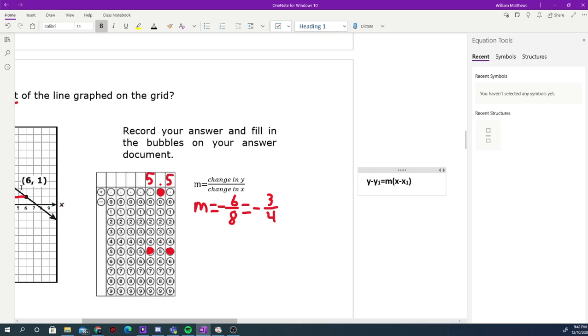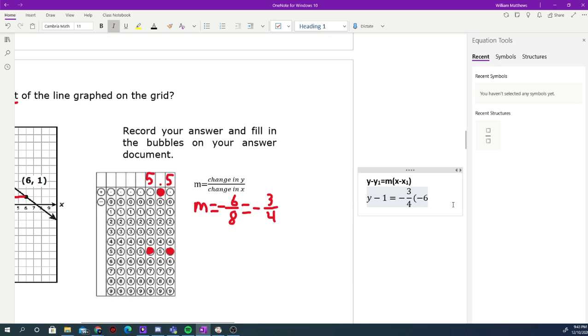If I fill this out with one of the points, the 6, 1 that I can see, and the slope that I found that was negative 3/4, you would get y minus 1 equals the slope, which was negative 3/4, times x minus 6.